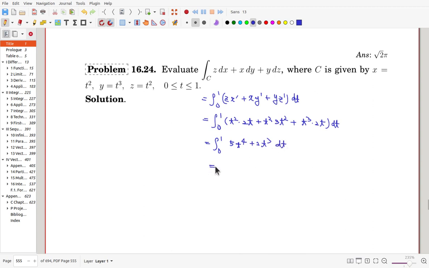So its antiderivative is t to the 5 from the first one, and then half t to the 4, from 0 to 1.